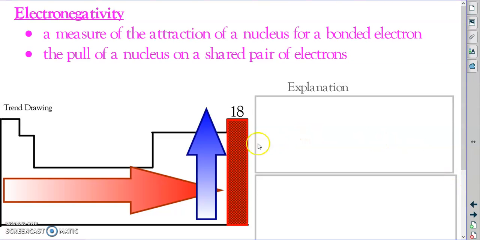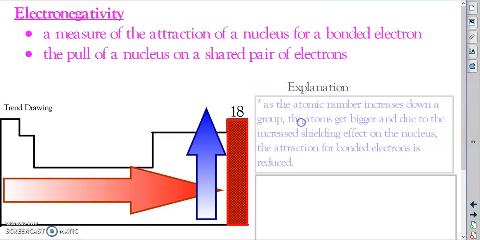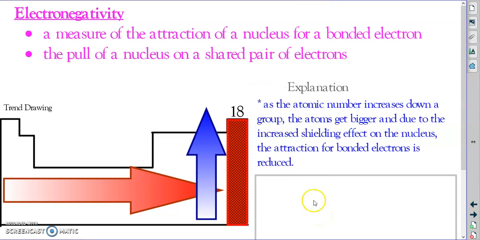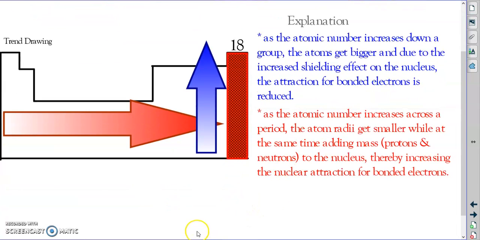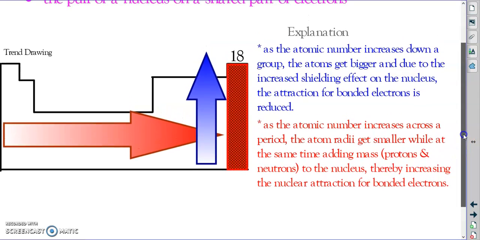There's one group here, group 18, which is not involved in this at all, because if we're talking about sharing electrons, we're talking about electrons in an arrangement that can be shared. Well, the noble gases don't share, because everyone wants to get a stable octet, and the noble gases don't need that. So there are your two explanations for both the group and the period.